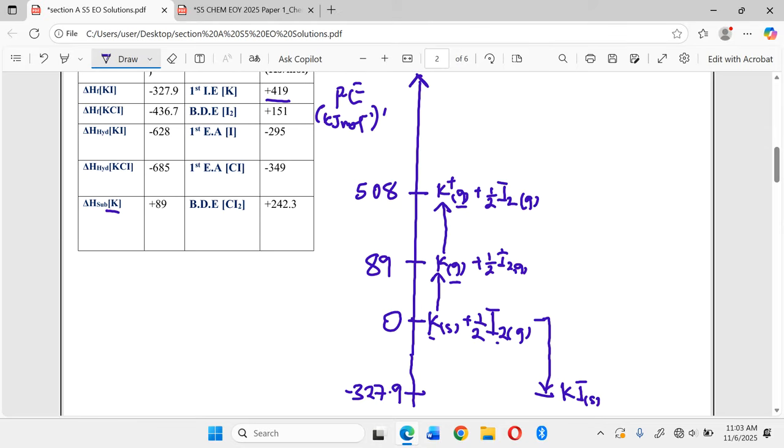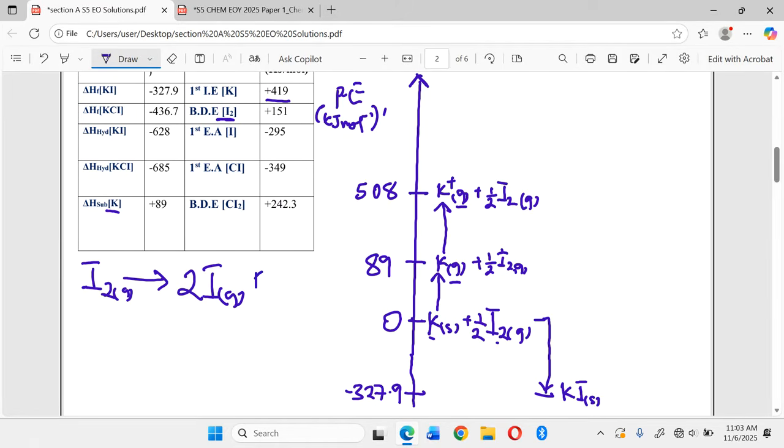So now, potassium is done, we can now deal with the iodine. We have the bond dissociation energy of iodine. Bond dissociation energy is when 1 mole of this covalent bond is broken down into its gaseous atoms.